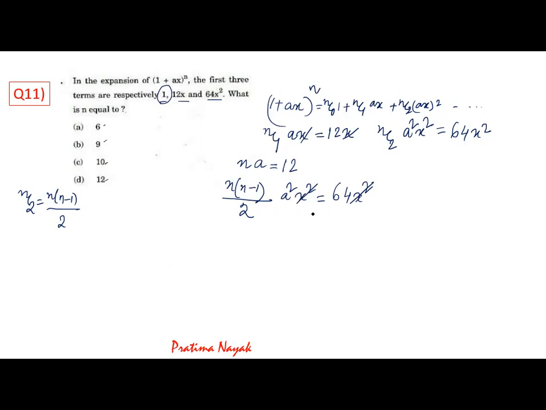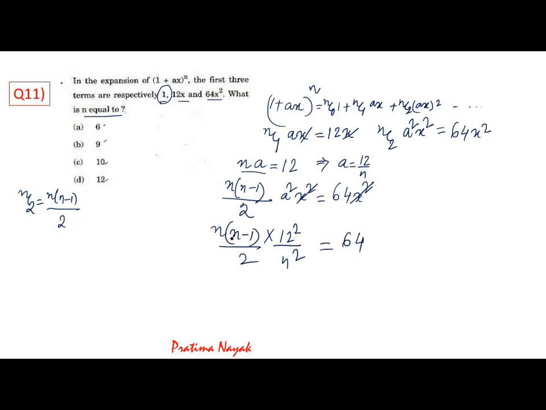Next, from here, I have to find the value of n. So you now solve in your own way, find n. So I can write a is equal to 12 by n. I'll put here. So n into n minus 1 into a square, which is 12 square by n square by 2, is equal to 64.